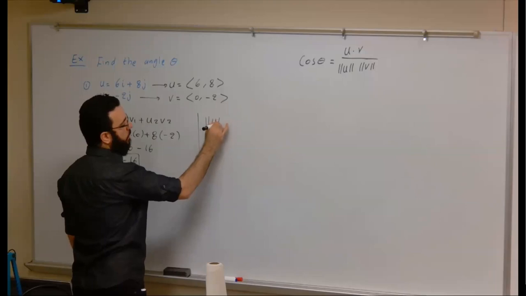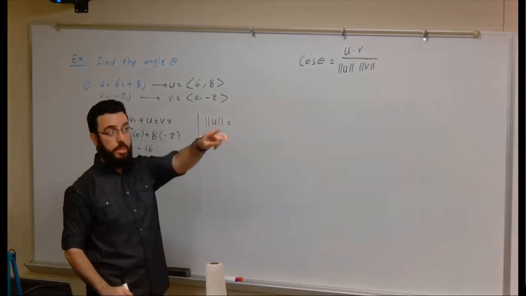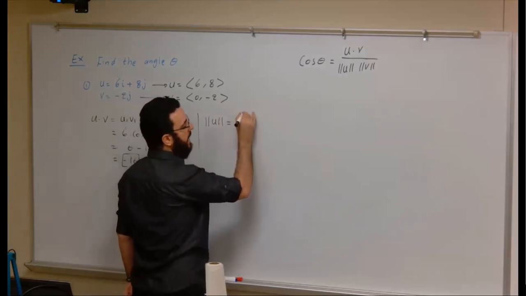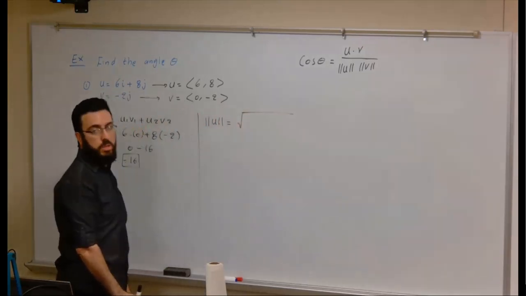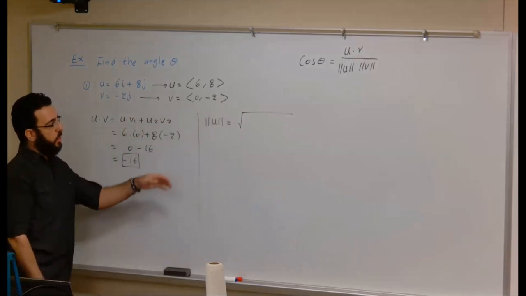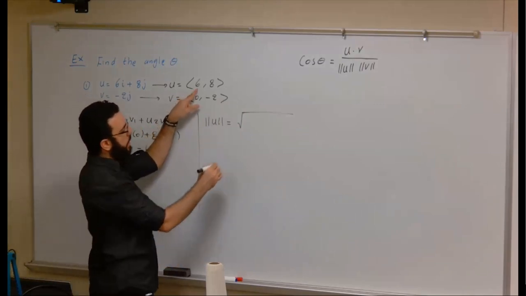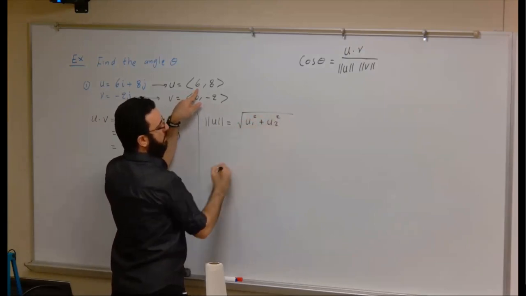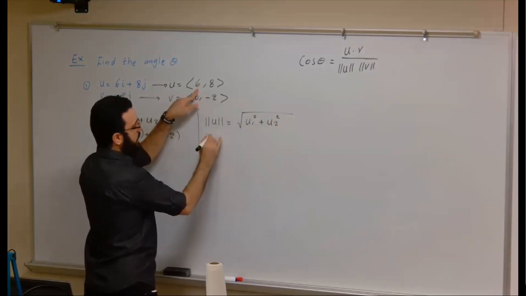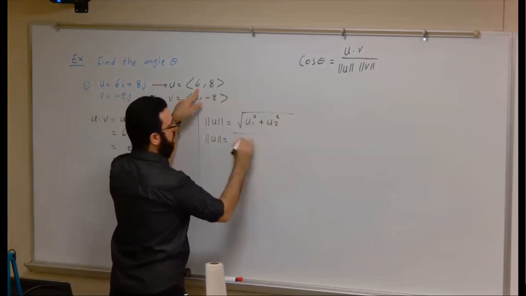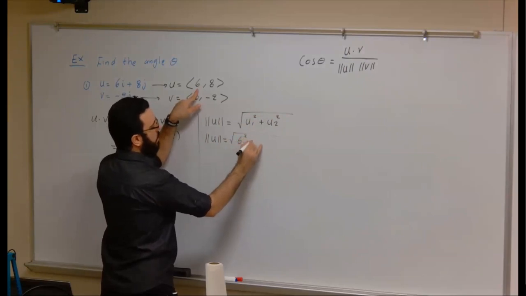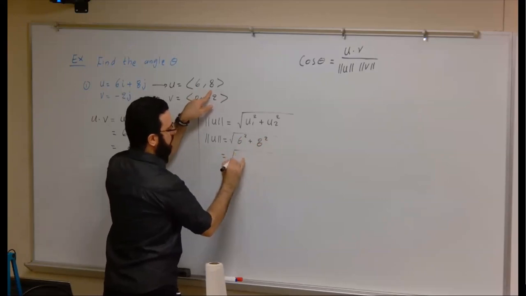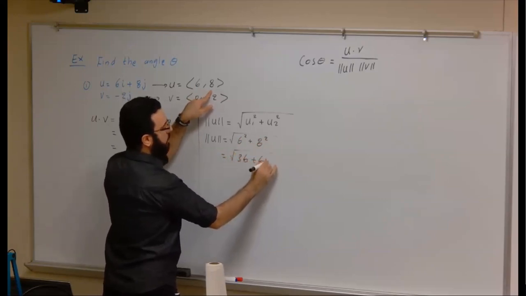The length of U. If you want to use the formula over there, or you want to use the old formula, it's up to you. The length of U, you're going to say, okay, I'm going to use this one, which is equal to the square root of the first component squared, U1 squared plus U2 squared. That means the length of U is going to be 6 squared plus 8 squared. Is going to be 36 plus 64.